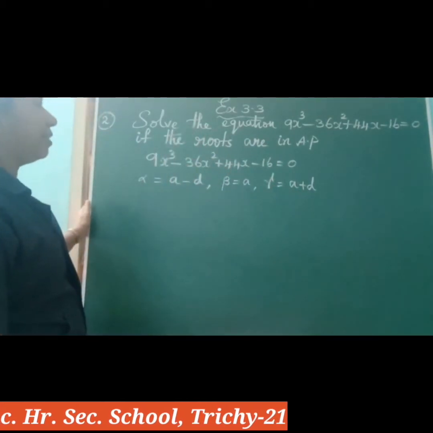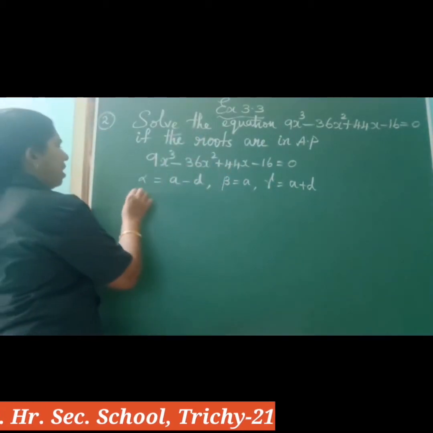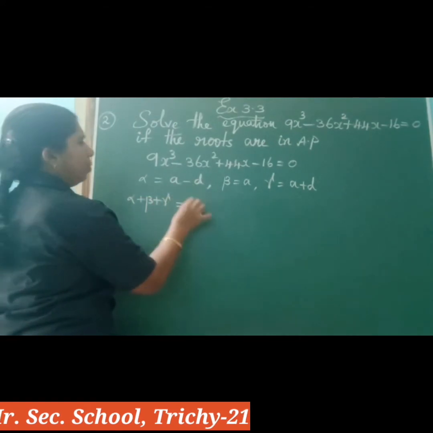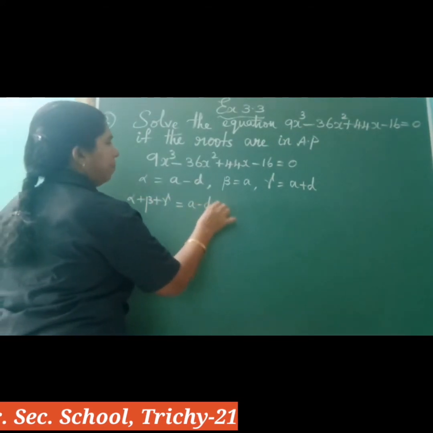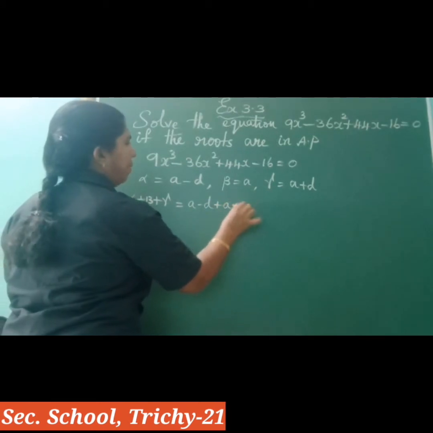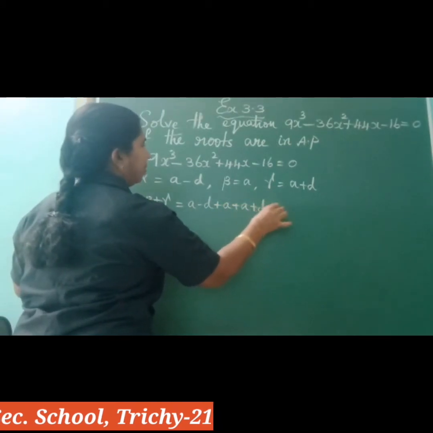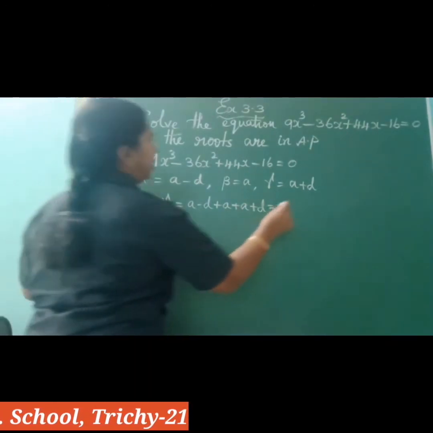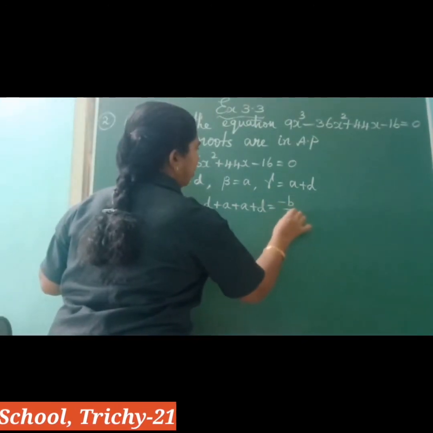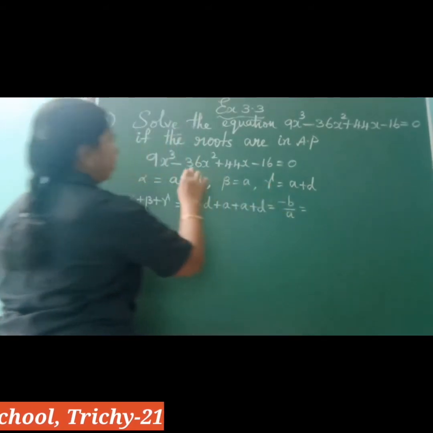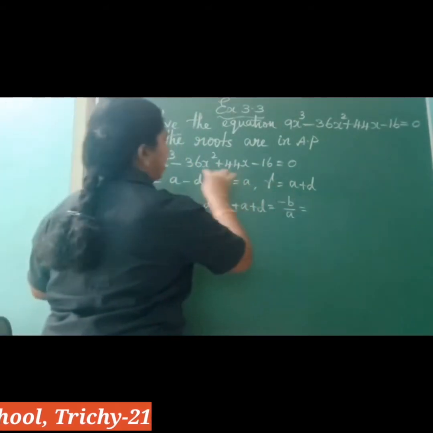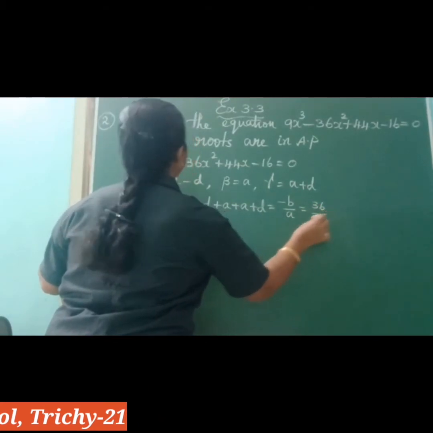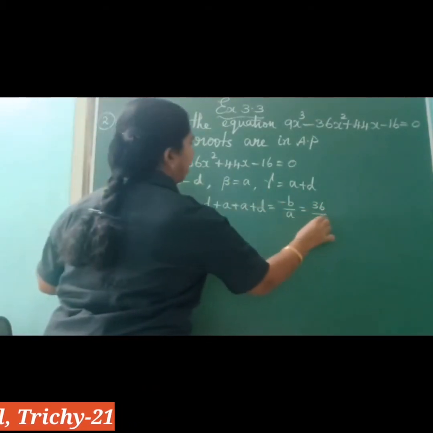Next you can write the sum of the roots, that is alpha plus beta plus gamma equal to a minus d plus a plus d. The formula for the sum of the roots is minus b by a. Minus b by a means here we are getting minus of minus 36 divided by 9.